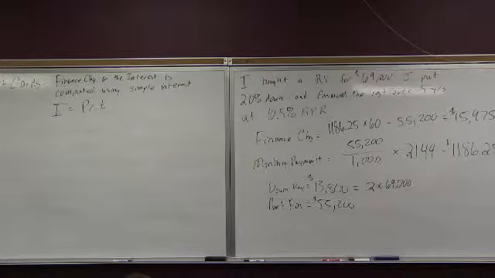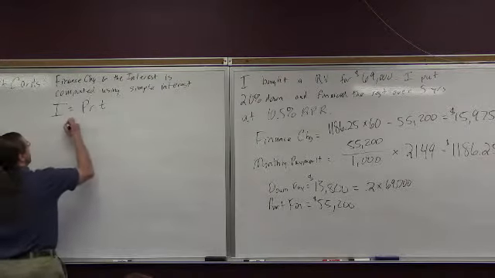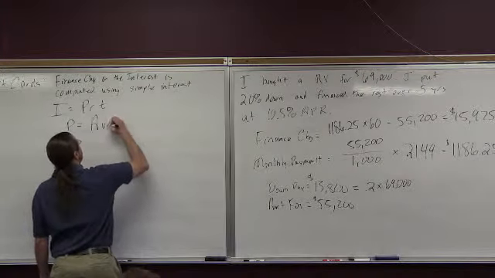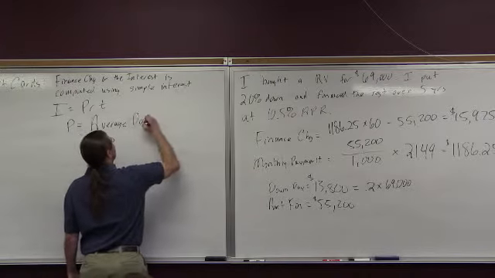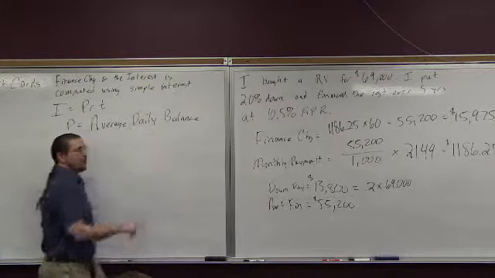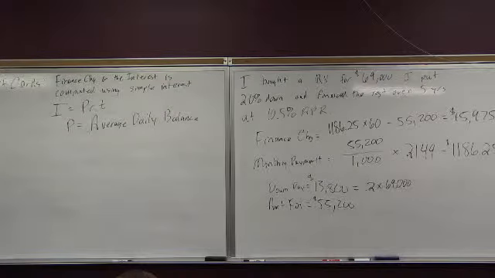Now, when you are dealing with a credit card, the P that you use to calculate what your interest is going to be is called the average daily balance, which we will learn how to calculate in a little bit.